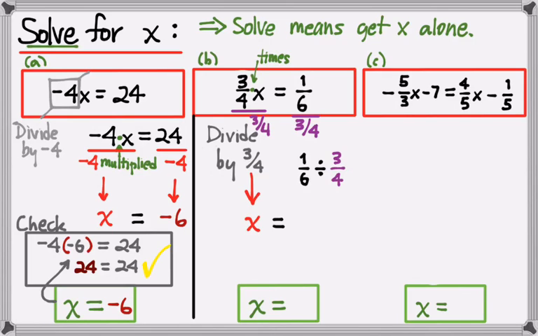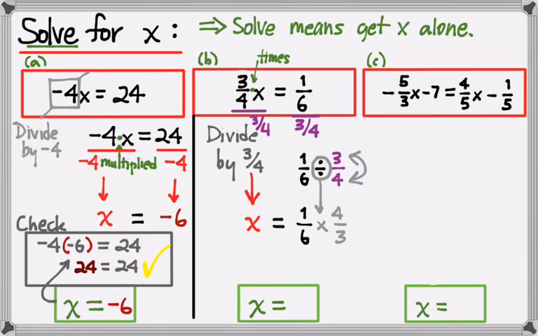Flip the second fraction, the divisor. Replace it by its reciprocal, 4/3 instead of 3/4. And when that flip happens, what else do we do? Yeah, we replace the division with multiplication, which goes straight across. Exactly. So divide fractions by multiplying by the reciprocal, 1/6 times 4/3.